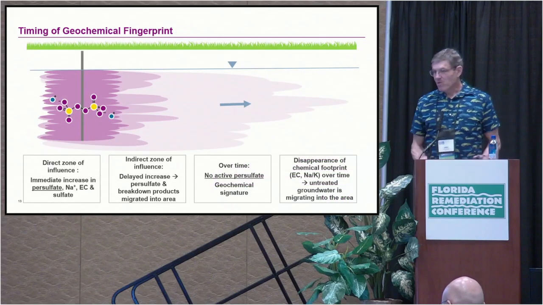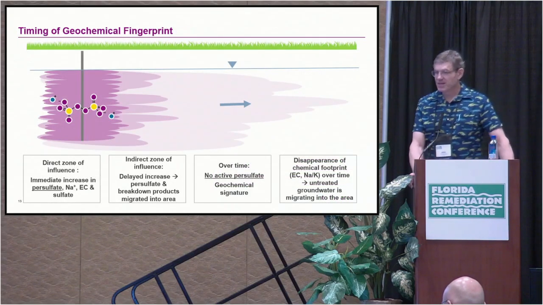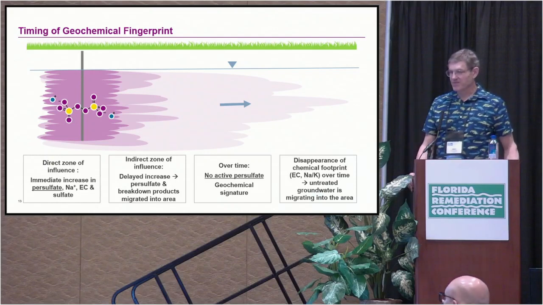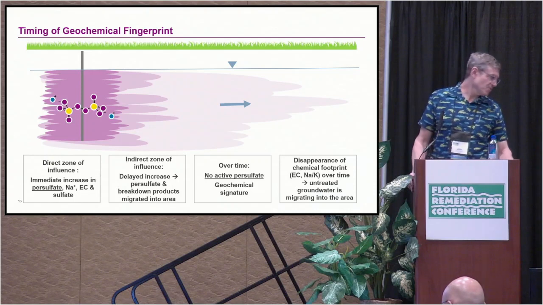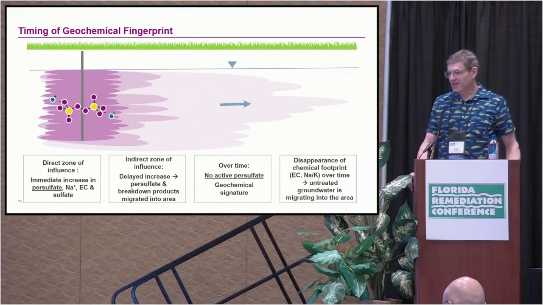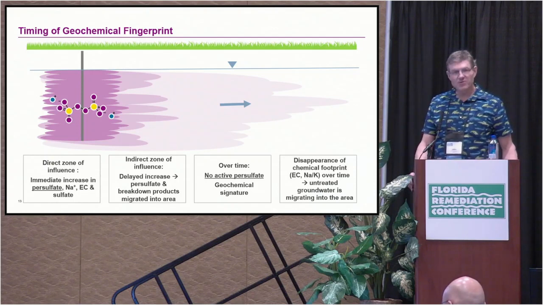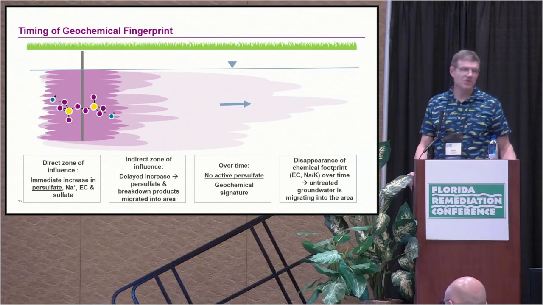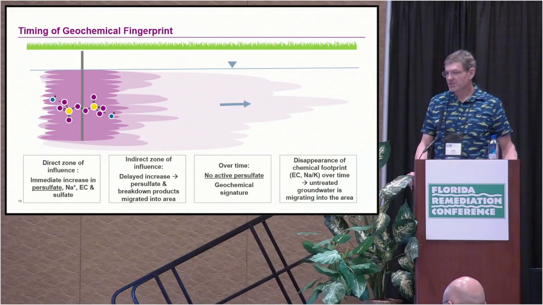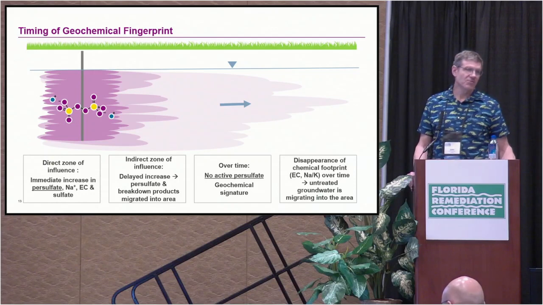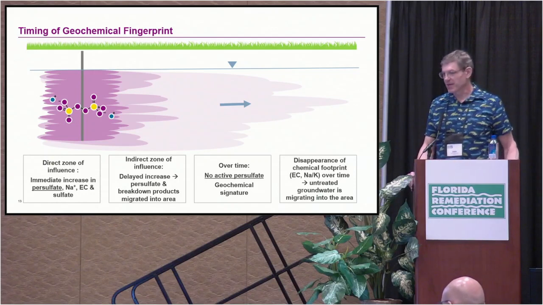The timing of the geochemical footprint, I actually take this from right to left, because when I've tried to give this presentation to myself and I take it from left to right, I get confused. But if you get further down gradient or further along in time, you get to where you don't see the chemical footprint anymore. After a long time and groundwater has flowed through, for instance, your electrical conductivity, sodium, potassium have basically returned to background.